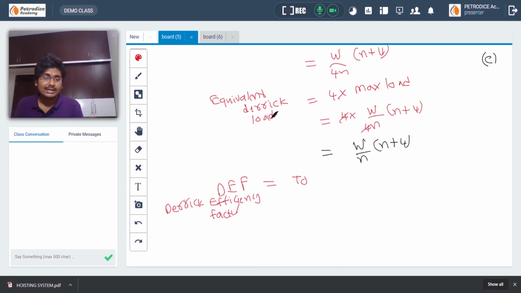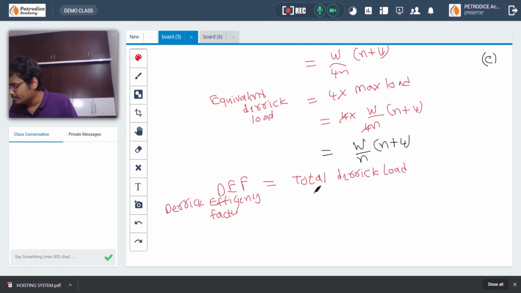See, this equivalent derrick load is the hypothetical load that we will assume on the derrick. This is the hypothetical maximum load on the derrick, whereas total derrick load is the actual maximum load, that is the actual load that is on the derrick. Okay, this total derrick load divided by equivalent derrick load.